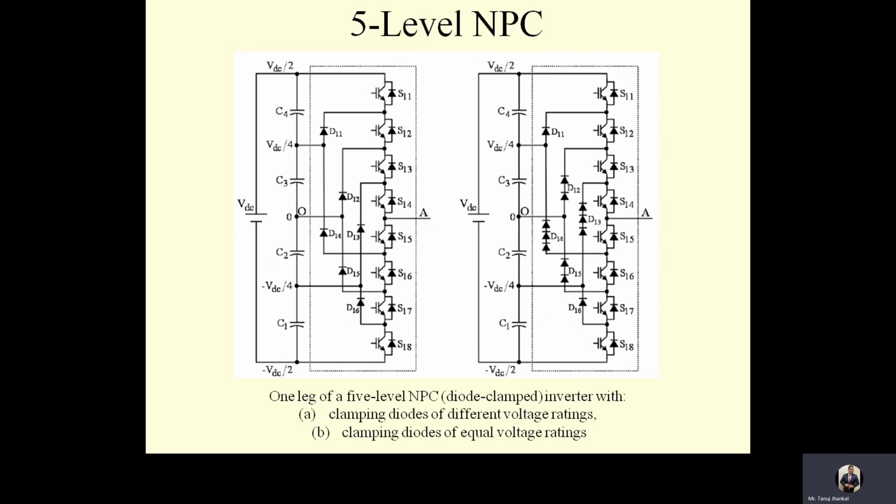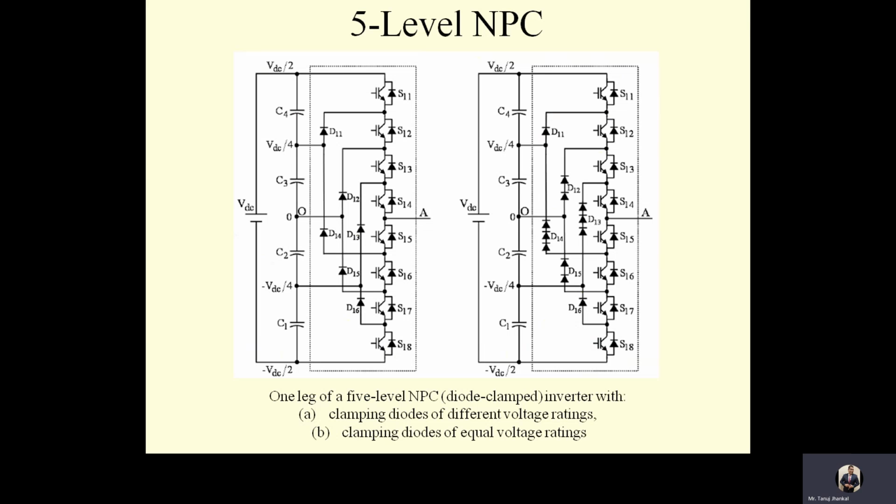An extended structure for an n-level inverter uses a total of n minus 1 DC link capacitors. In general, for an NPC multi-level inverter topology, each capacitor has a voltage across it equal to VDC divided by n minus 1, and the voltage stress on each switching device is equal to VDC divided by n minus 1, where n is the level of the inverter.